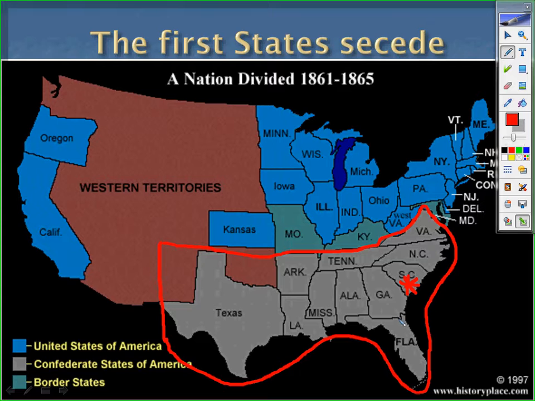So those lower South states, or those deep South states, like we talked about the other day in class, secede first. The upper South states, like Virginia and Tennessee, don't secede until Union troops actually pass through or attempt to pass through their states. And when that happens, we see Virginia split into two.